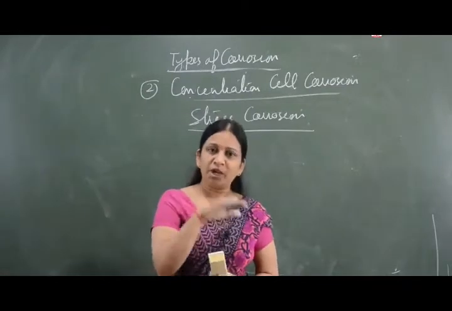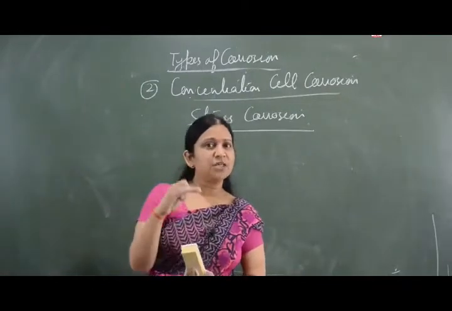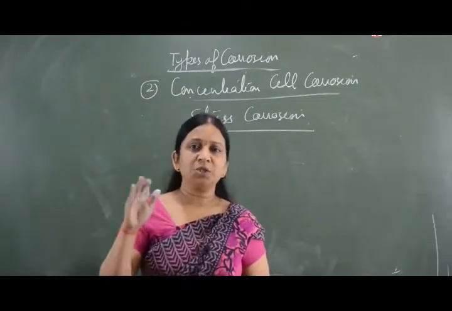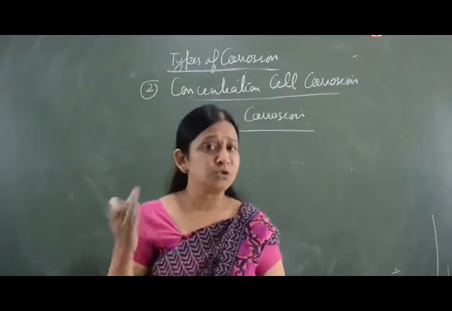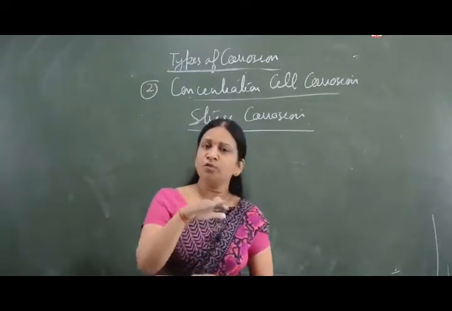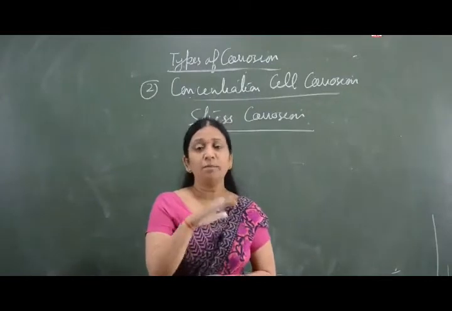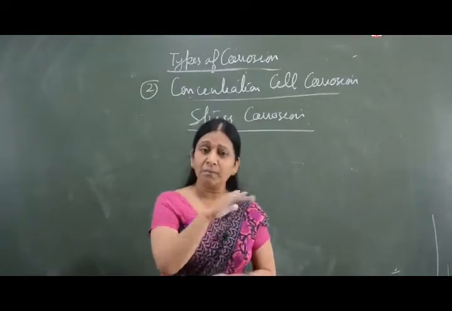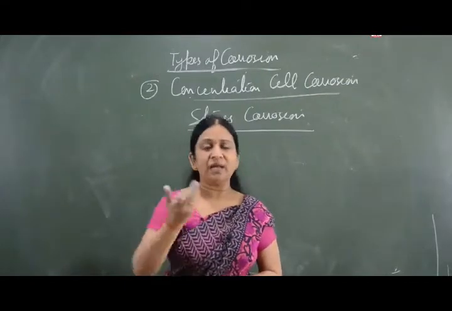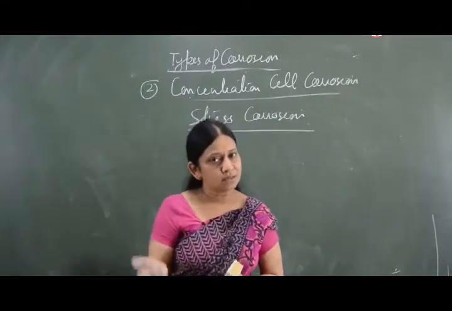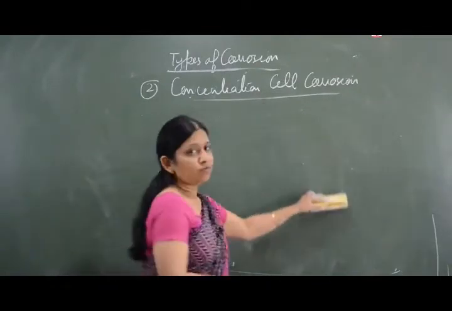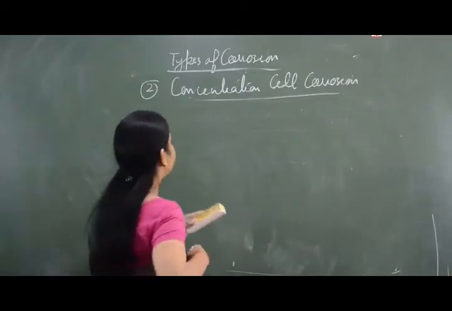After the fabrication is over, that stress is released. But sometimes, after the removal of stress, the metal still remains under stress. So the portion of the metal which is under stress will behave as an anode, and the portion of the metal which is not under stress is going to behave as a cathode, and thus an electrochemical cell is set up. So this is stress corrosion. These are different types of concentration cell corrosions.